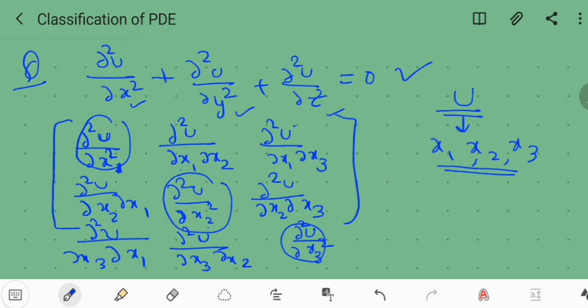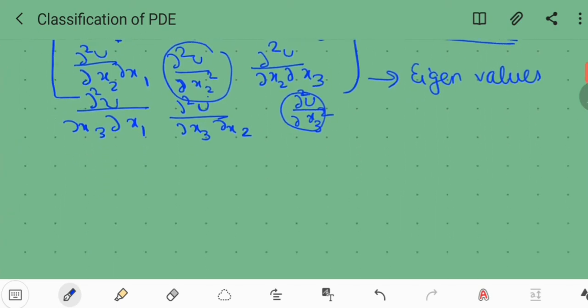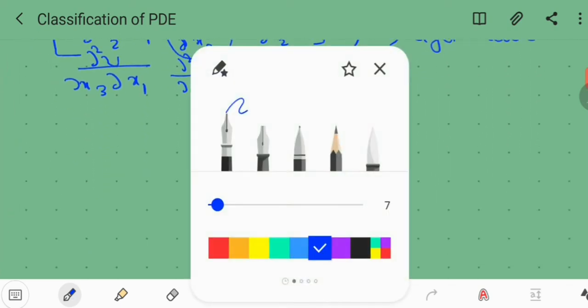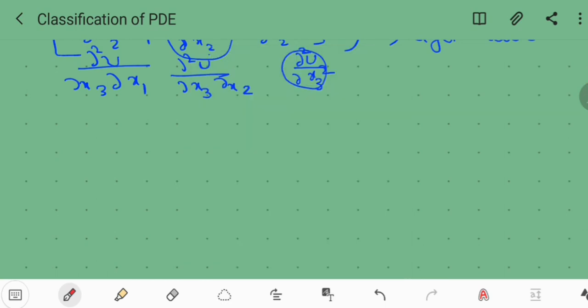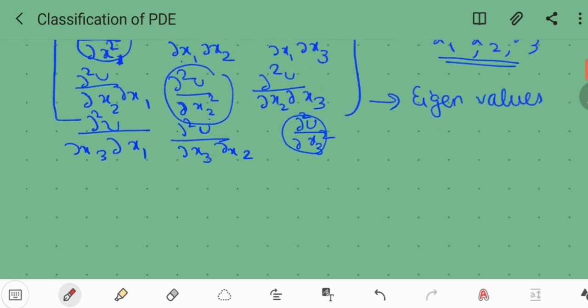Now, when you have this matrix, you need to find the eigenvalues of that particular matrix. I have already told you how to find the eigenvalues. I will put that video also in the description box; you can check that out. I'll show you how to find them with an example as well.